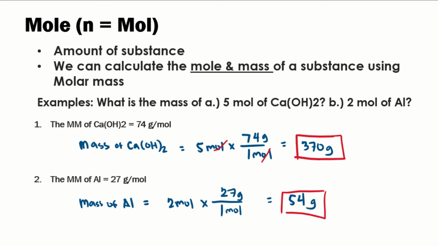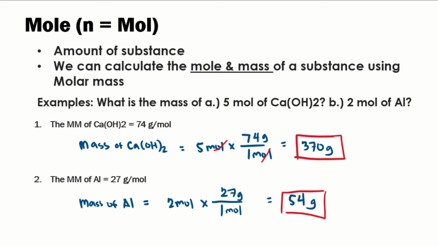So we have here examples. What is the mass of letter A, 5 mole of calcium hydroxide, and letter B, 2 moles of aluminum. So again, given yung mole, and then for this case, pinigay na din si molar mass. So let's compute first number 1.